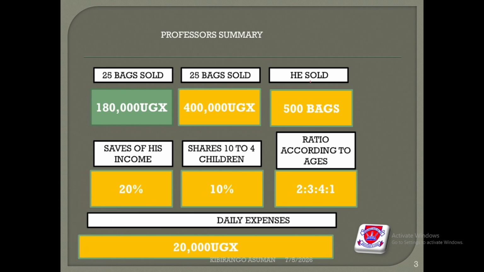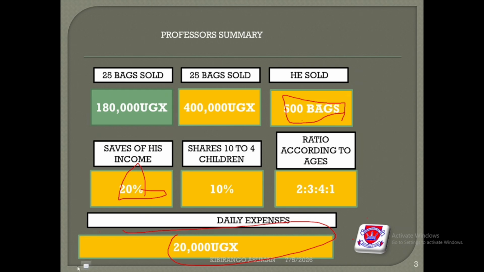He sold 500 bags. After selling 500 bags, how much profit did he make? We don't know, but we're going to find out. He saves 20% of his income, and shares 10% among the 4 children in the ratio of 2 to 3 to 4 to 1. The daily expense is 20,000.